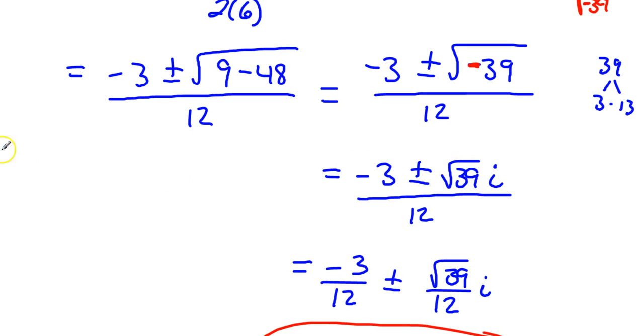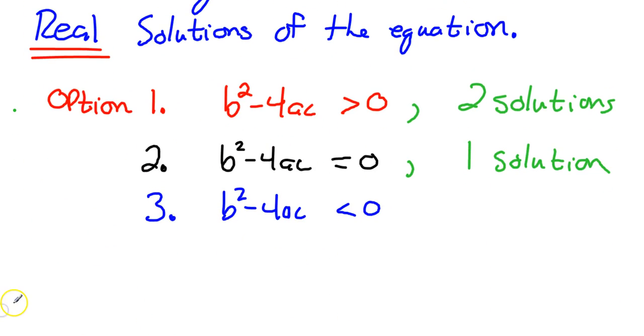It's imaginary or complex. So if b squared minus 4ac is less than 0, you have no real solutions. That's the key thing on this one: you do get two complex answers, but they're not real, so there are no real answers off this thing.